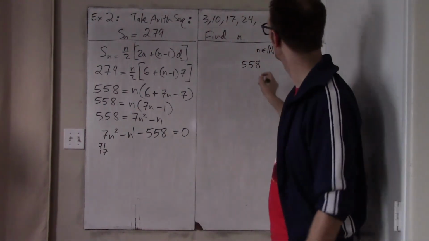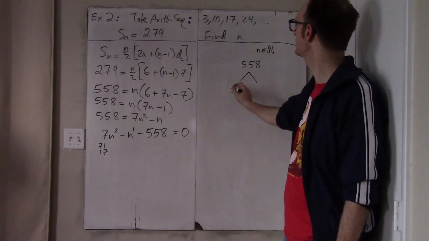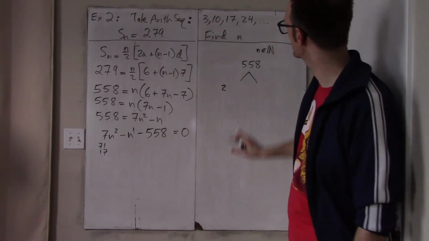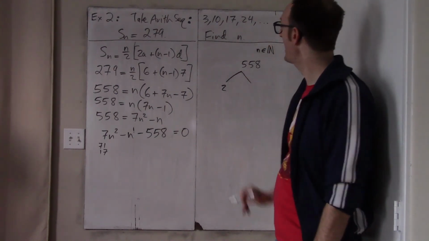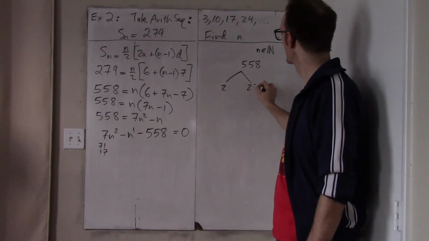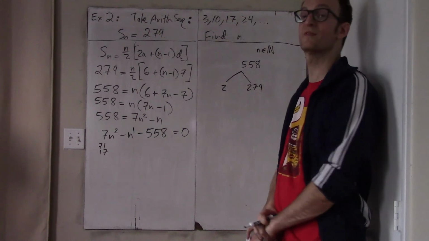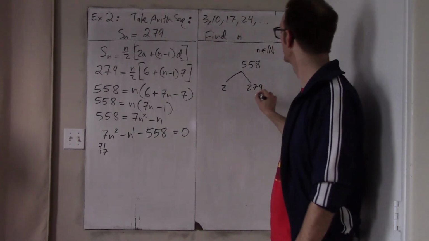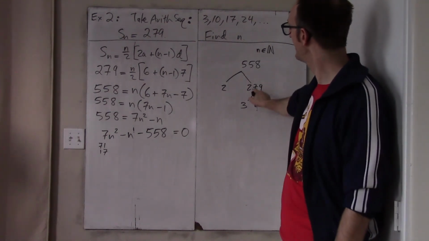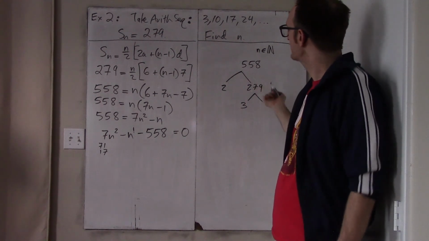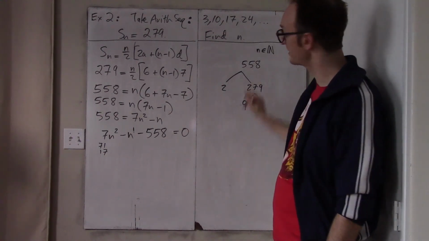We will make a factor tree. Hopefully Kirk taught this to you. What goes into 558? 2 certainly does. How many times does it go in? Well, we've already seen 279. Alright, does 279 have any special property? The sum of the digits is 18, which means it's a multiple of 3. So how many times does 3 go into 279? In fact, maybe you want to be even smoother and say that 9 goes in, because the sum of the digits is a multiple of 9.